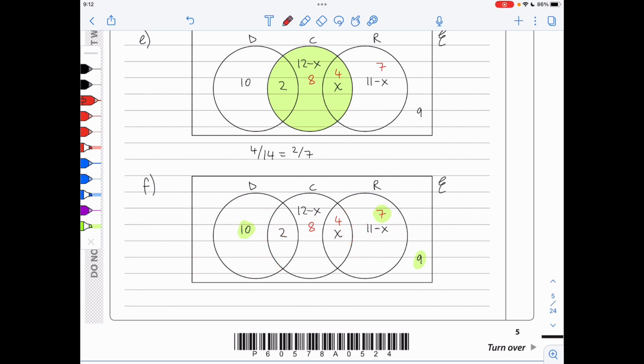So this means I want to be here or here. So it's going to be 10 plus 7, that's 17, what I have ticked, over the total, which is 10 plus 7 plus 9, and this leads to 17 over 26. That's the probability of D union R given C dash.